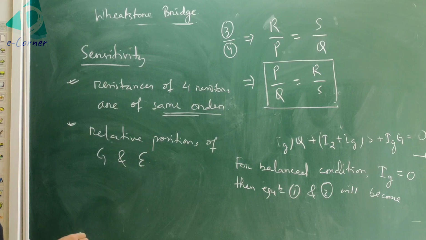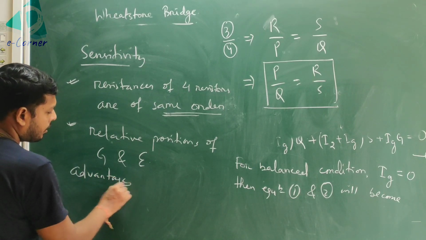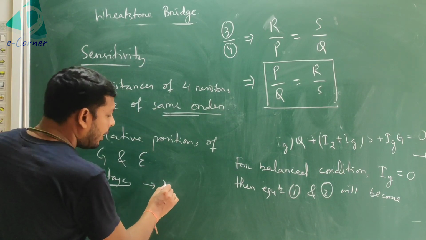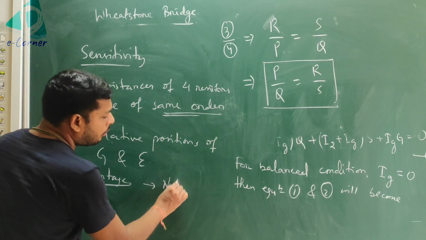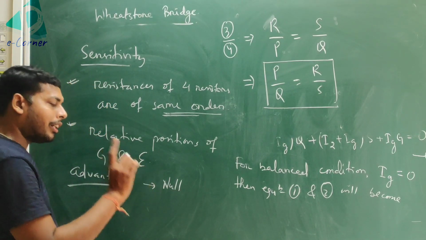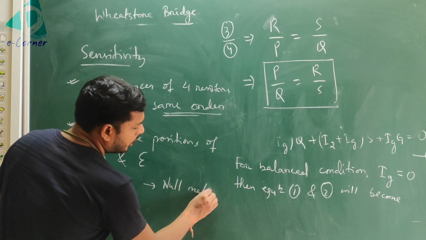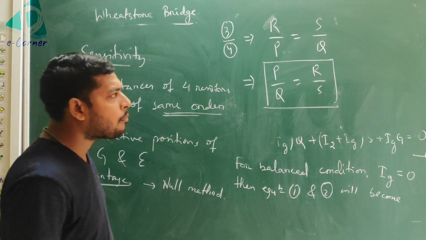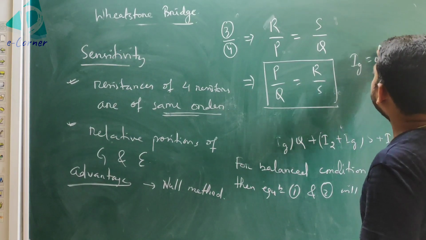Next one, what are the advantages? The advantage of Wheatstone bridge is that first of all, it finds the resistance by the null method. Why is it called the null method? Because the galvanometer detects no current. Why? Because Ig is equal to 0.